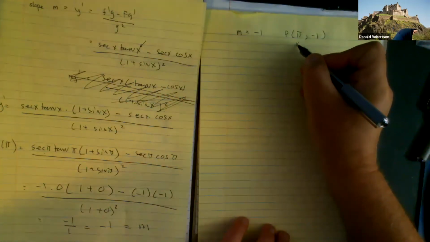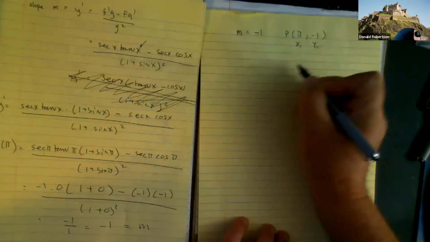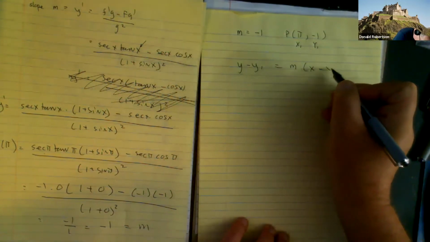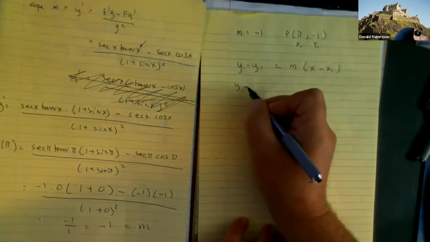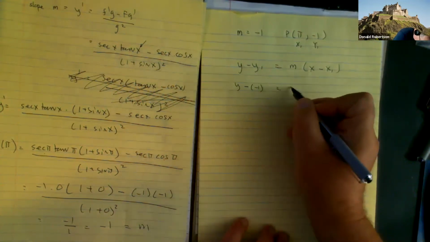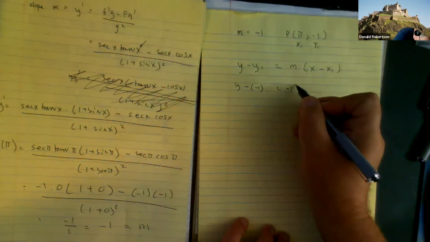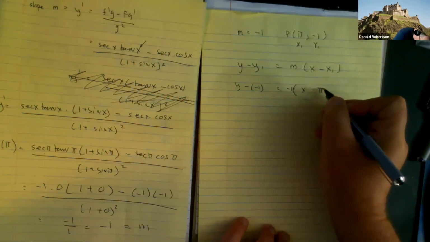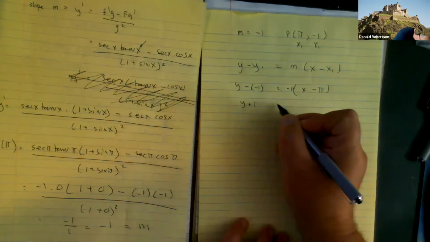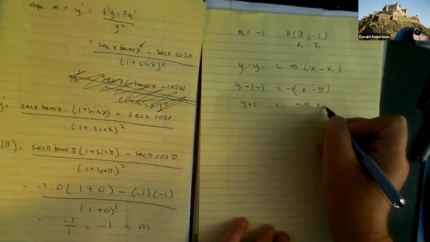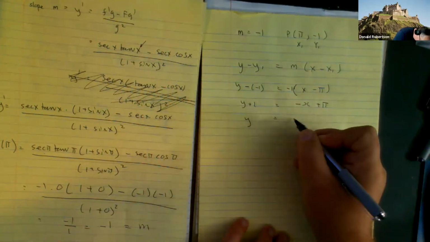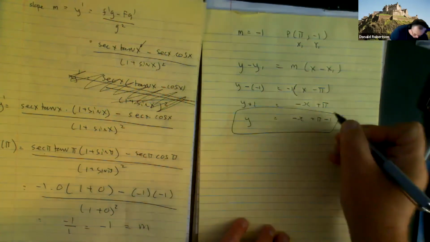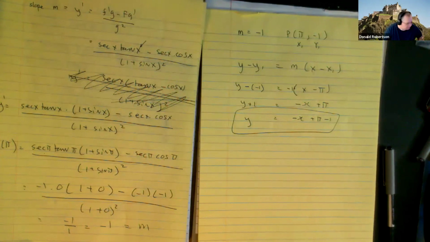If we call this guy x1, y1, we can then use the point slope equation and we're done. You can check that later. I think that's the answer.